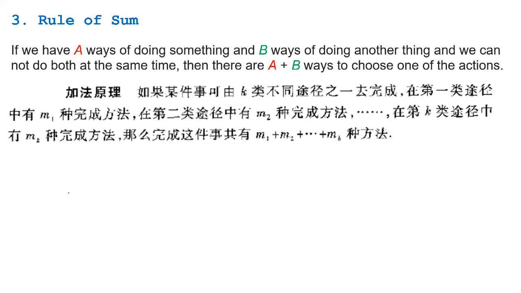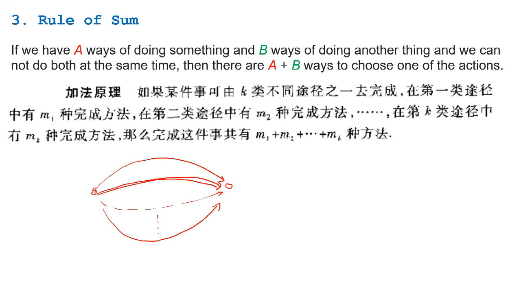Okay, again, I'll draw you a diagram to help you illustrate. Okay, suppose we want to finish this task, right? And there are k different routes we can finish the whole task. In the first route, we have m1 different ways.